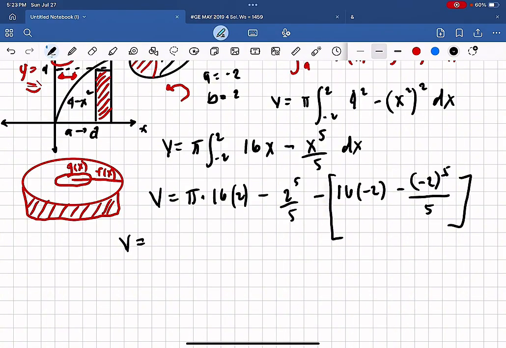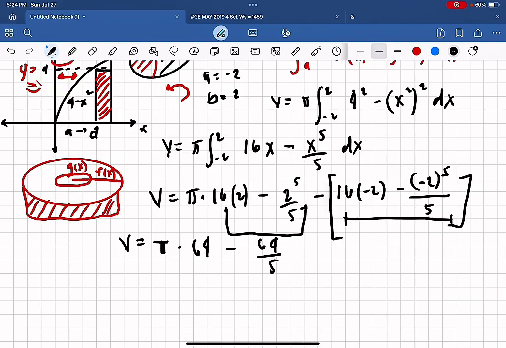This part gives us 64, right? And this one gives us 64 over 5.